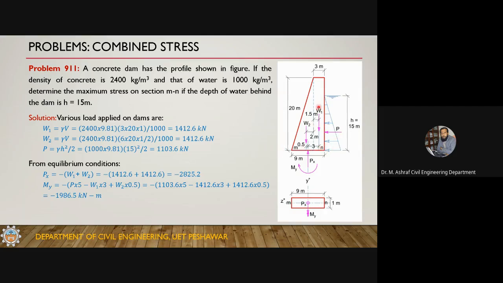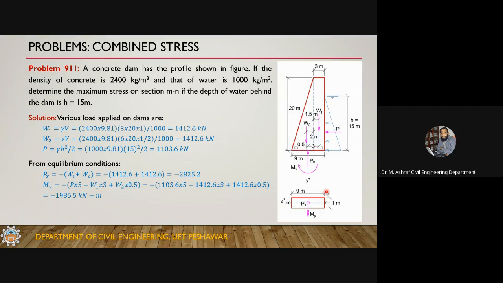The force acting on this dam, the weight of the dam, we can divide into two components. Let's suppose that the length of the dam is 1 meter, because usually a dam is a very long structure. We want to investigate just 1 meter. If we investigate 1 meter, the rest of the dam is the same as this one.